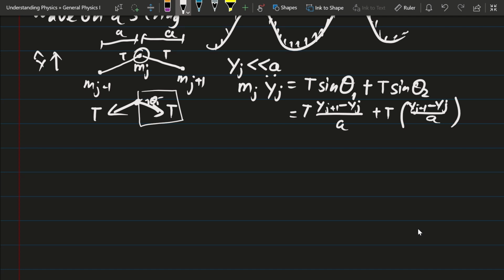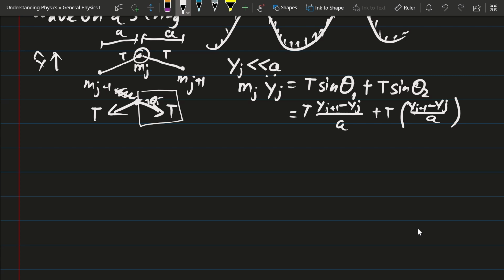The simple answer is, if you let y_{j-1} be bigger compared to y_j, I hope that this force would go upwards. Oh wait, sorry. If y_{j-1} is bigger compared to y_j, the force should go upward, which is the case. So this is the one that I'm hoping for.